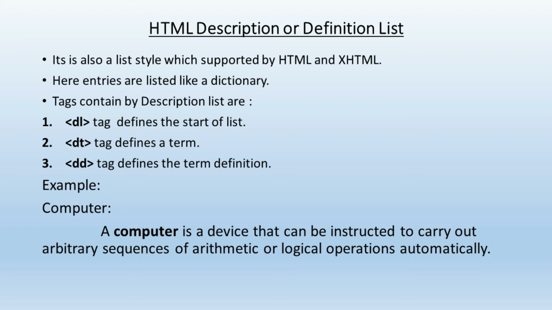DT defines the term. If you're writing a definition about computer, as you can see in this image, you can simply give the name in between the DT tag, and if you want to give the description of that term, you can simply use the DD tag in order to give the description, right?